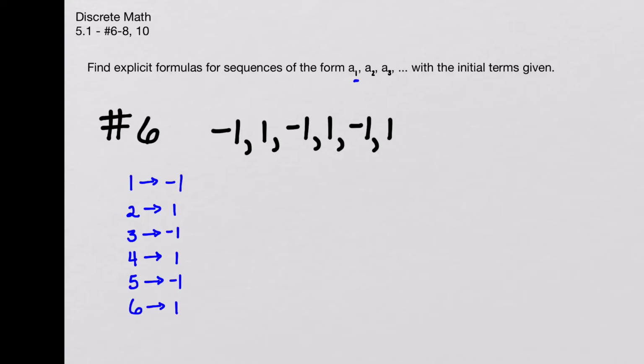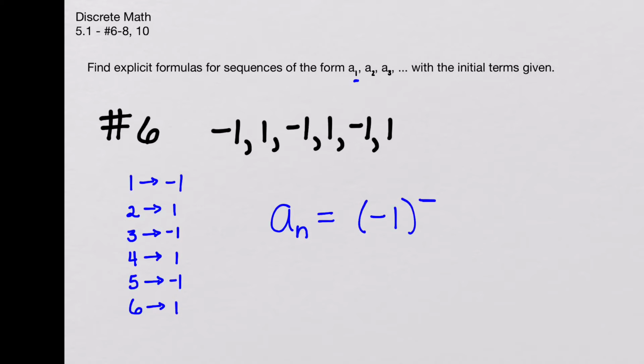So you can see that the pattern is just that we have 1 and the sign is alternating between negative and positive. So in this type of case, we're going to say that a sub n is equal to, and then we're going to take a -1 and raise it to a power.